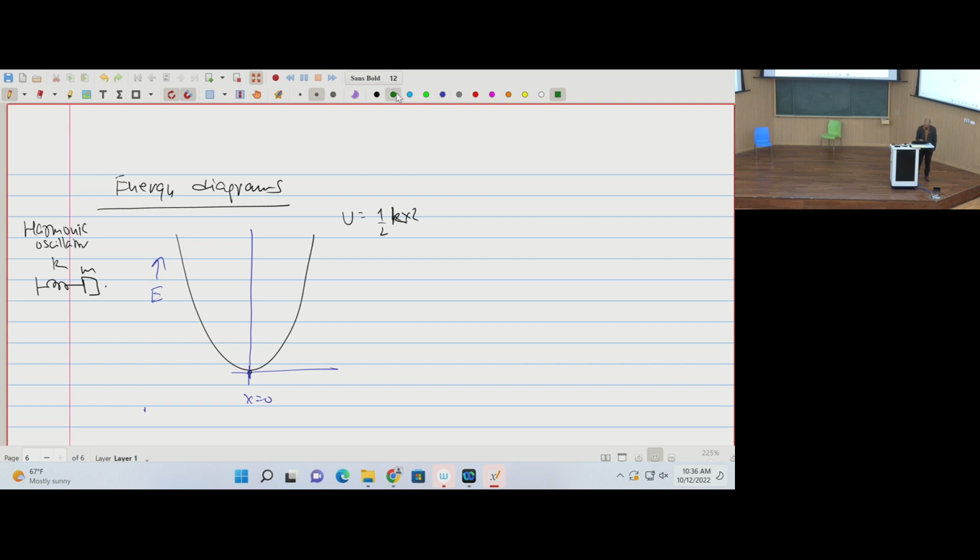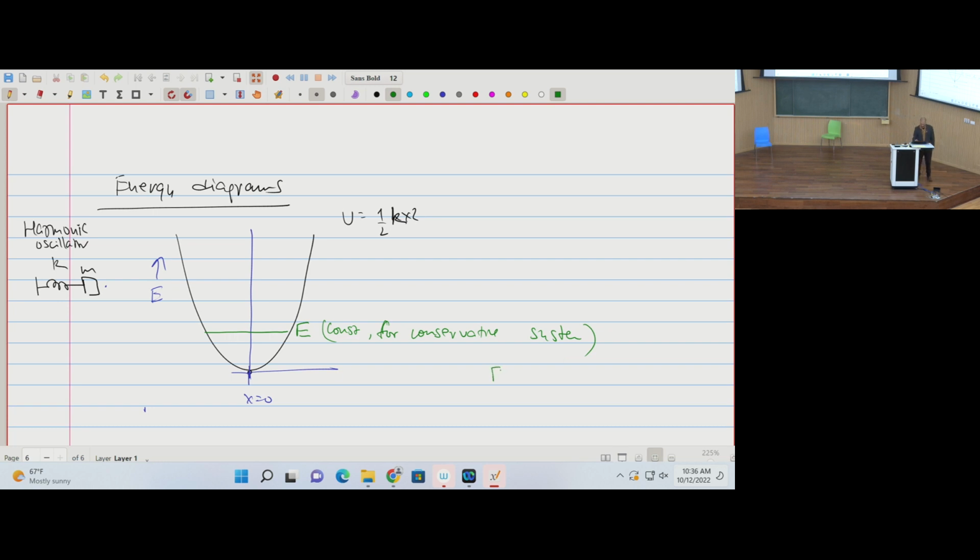When I give it a pull and leave it, I basically give it some energy, right? Let's say there is no friction here, so it's a conservative system. So E is constant. At any time, you will see that the energy is constant.